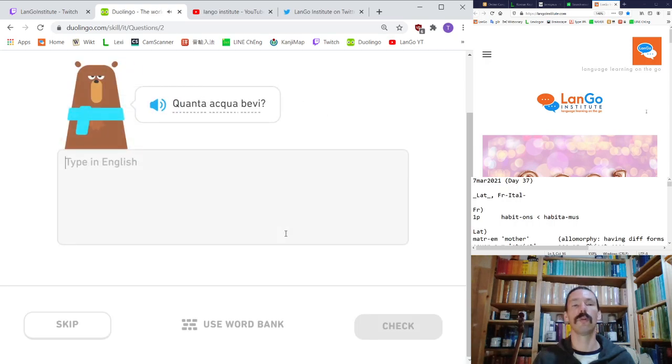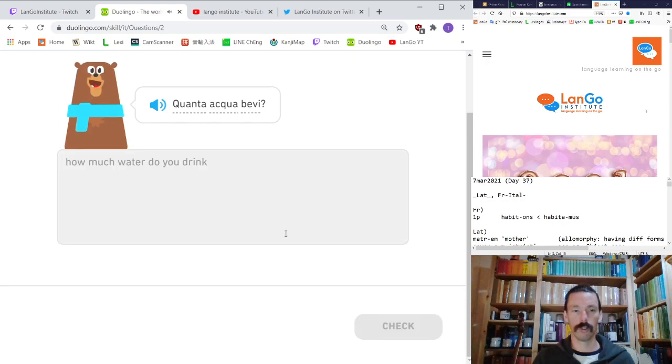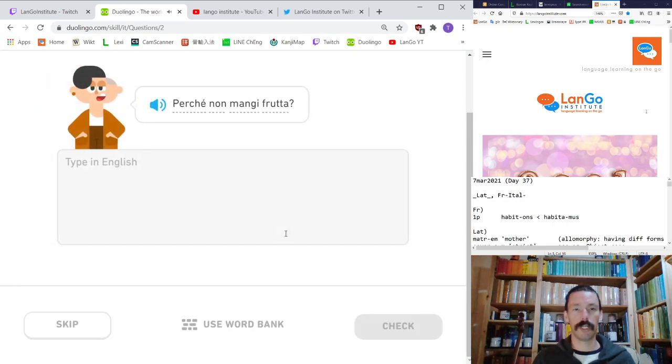Quanta acqua bevi? How much water? Bevi, you drink. Do you drink? Perché non mangi frutta? Perché, why? Non mangi, do you not eat frutta?